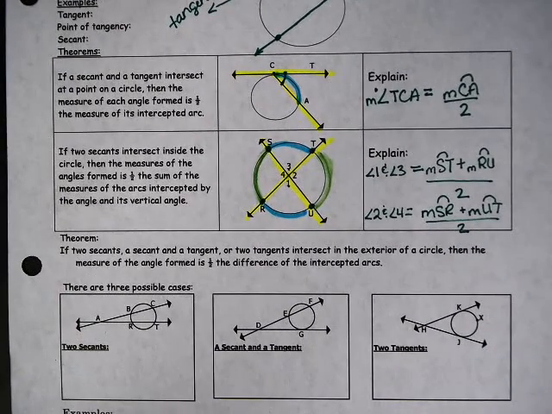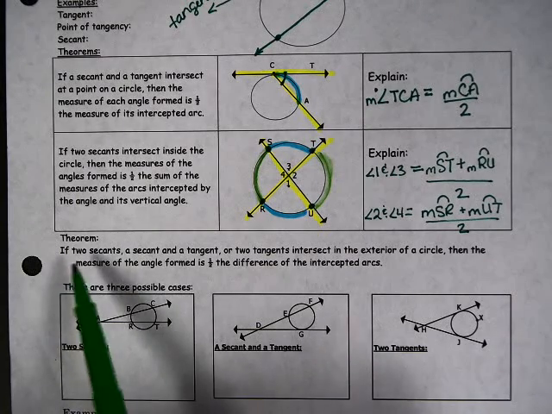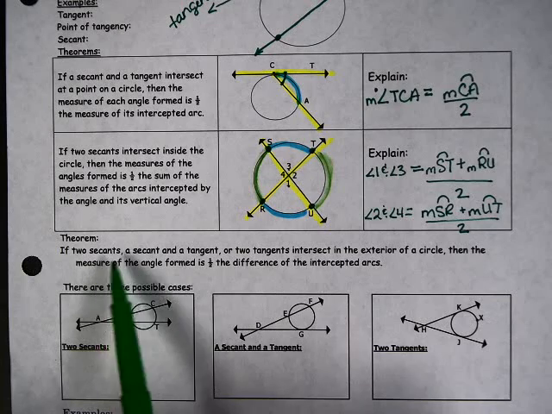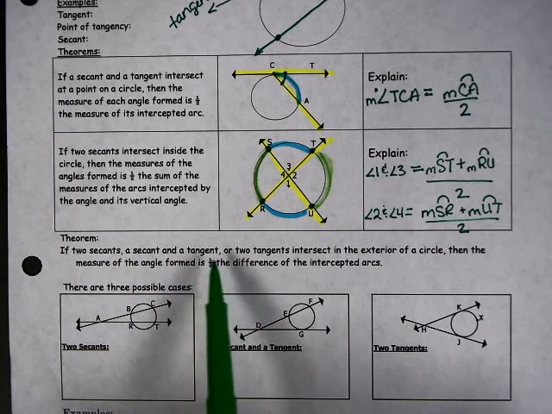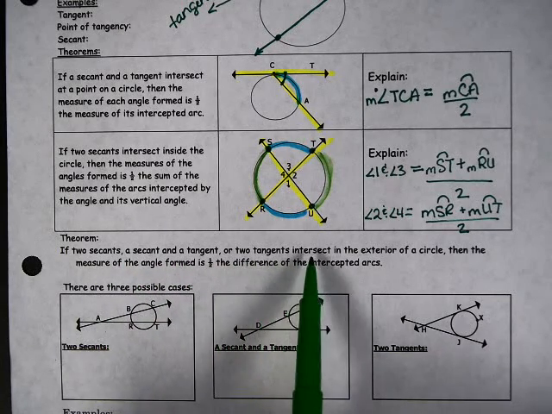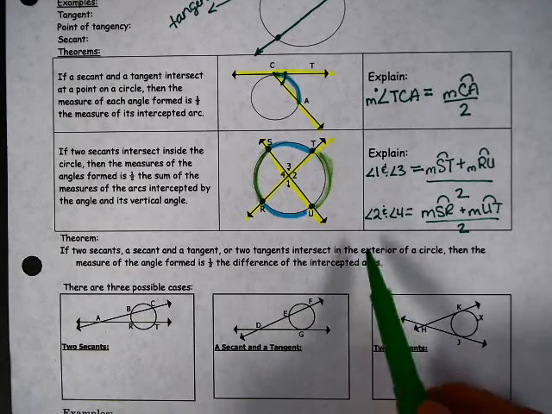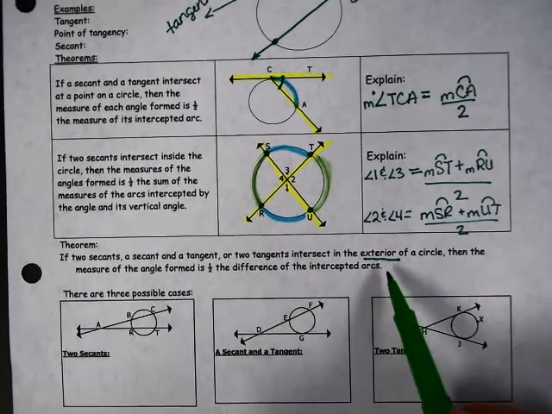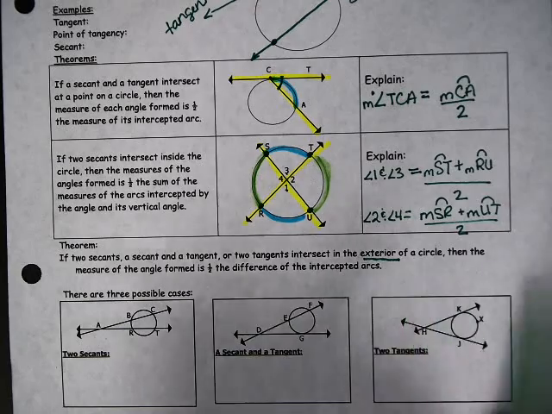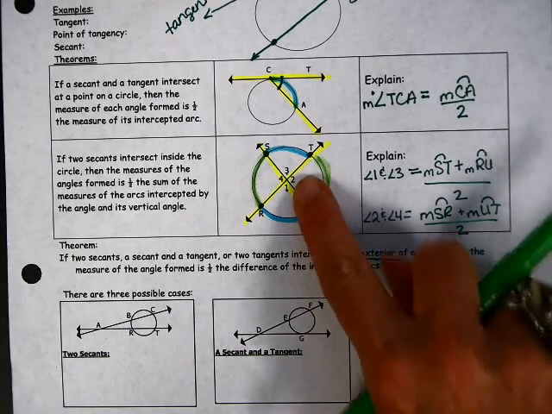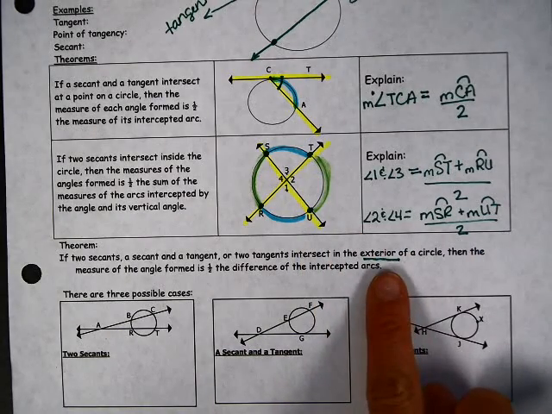So now then, the next theorem, this has 3 possible cases to it. If two secants, a secant and a tangent, or two tangents intersect in the exterior of a circle. We are now talking outside. This was inside. Now we're talking about the outside of a circle.